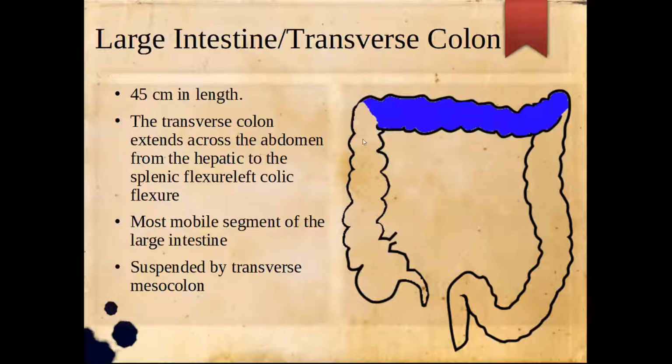We don't do a loop colostomy in the descending or ascending colon, because both of them are retroperitoneal and fixed, and they don't have a true mesentery. But if we want to create a colostomy, we can use the transverse colon, or the sigmoid colon, which we will talk about later. This is also mobile and has a free mesentery. And sometimes we use the cecum for a cecostomy. Okay, clear?